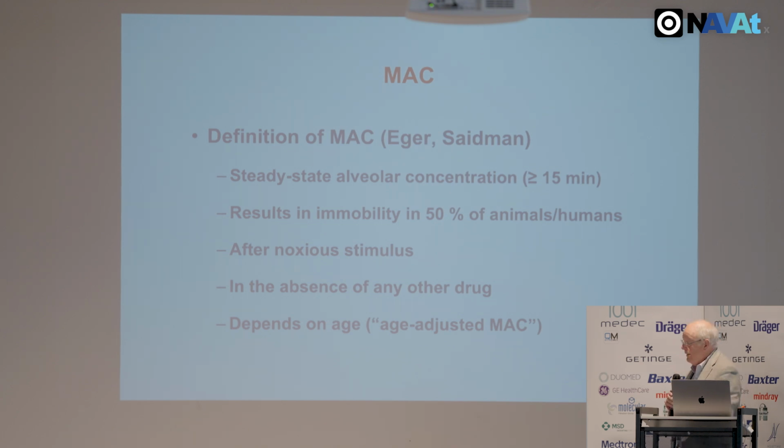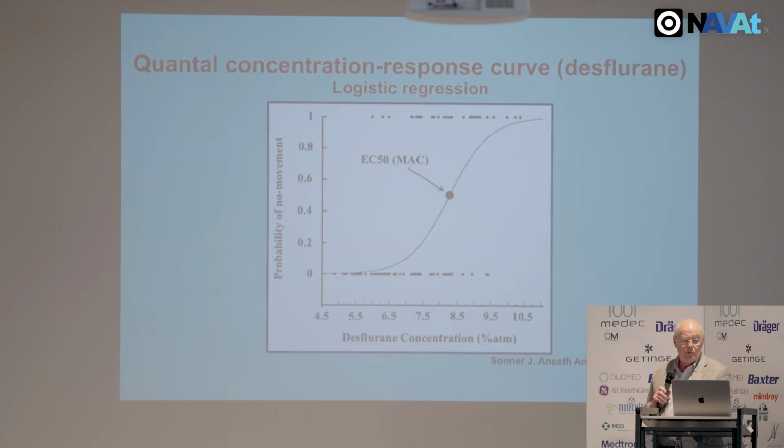What it means is that at the steady state situation, MAC is the alveolar concentration that results in immobility in 50% of animals or humans after a noxious stimulus in the absence of any other drug, and it only depends on age, nothing else. And therefore, we usually use an age-adjusted MAC when we take care of our patients.